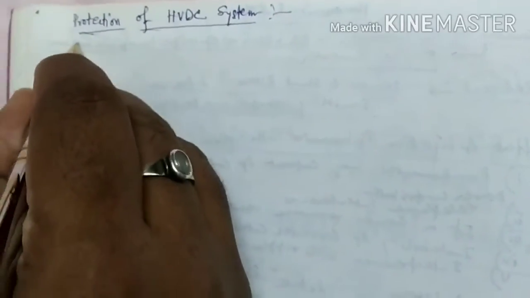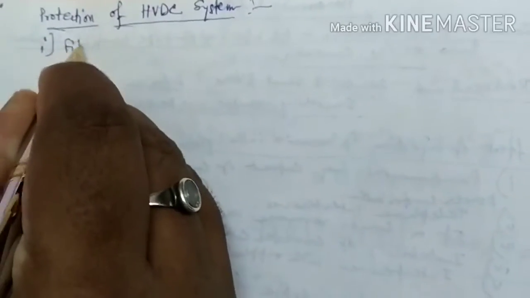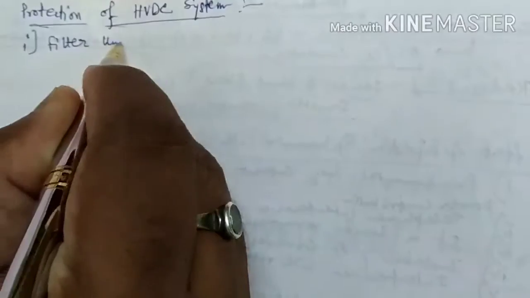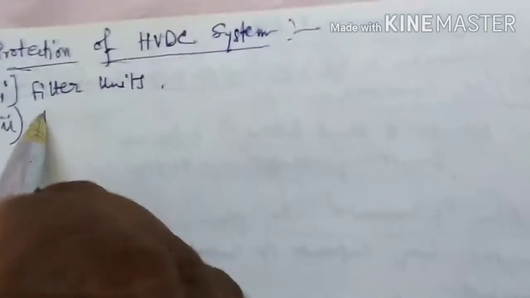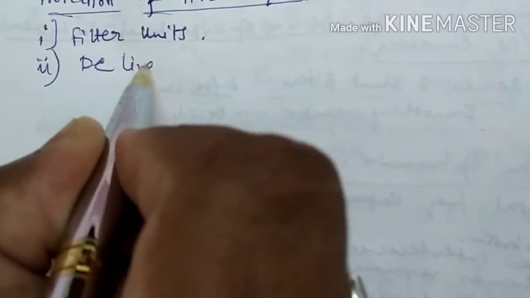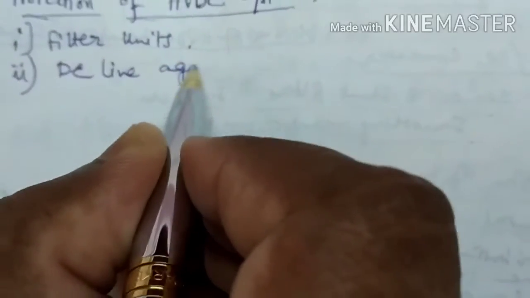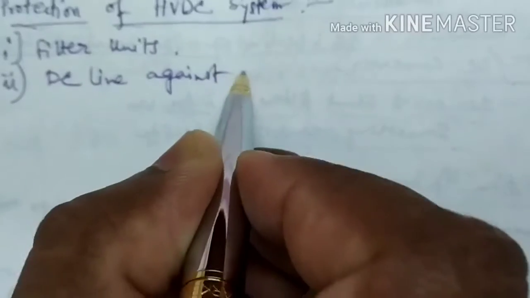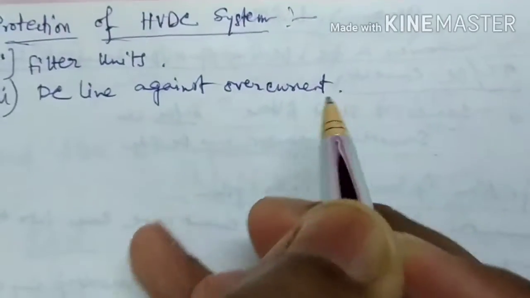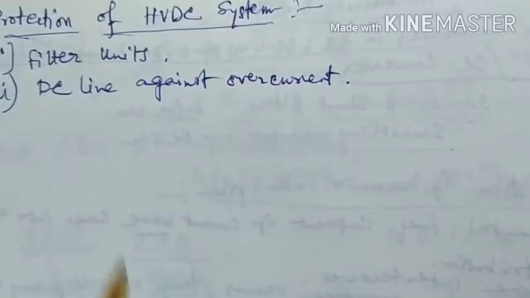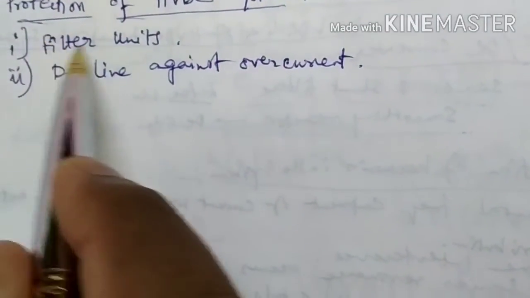Number 1, filter units, and number 2, DC line against over current. So first I will discuss filter units.